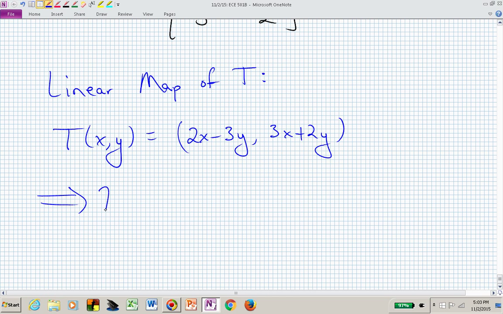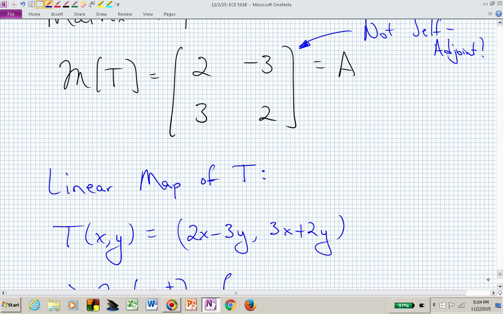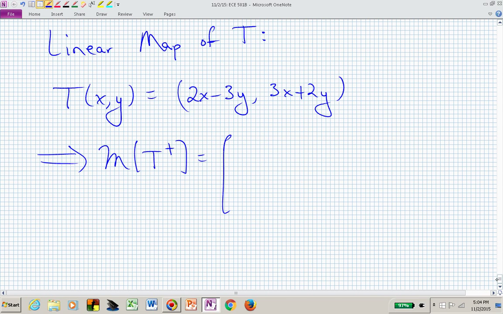Now, what's the matrix representation of T dagger? The matrix representation, if we're dealing with an orthonormal basis, is just the complex conjugate transpose. This is real, so now the 3's just change places.